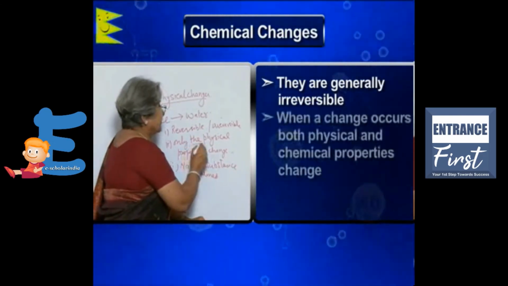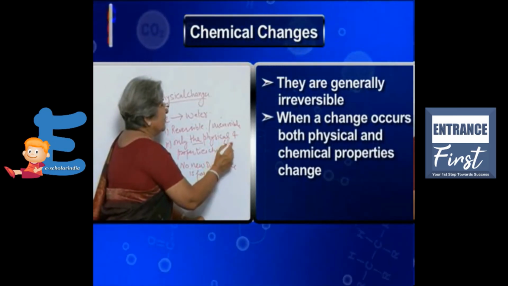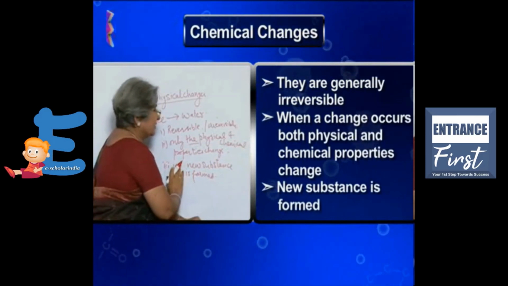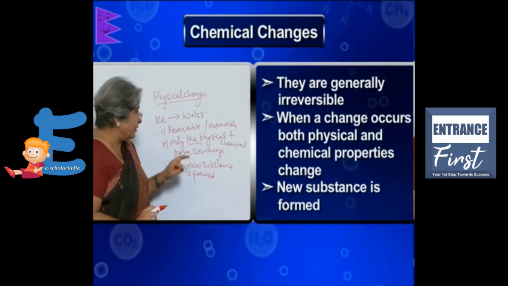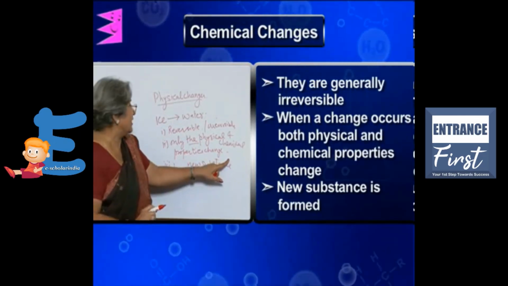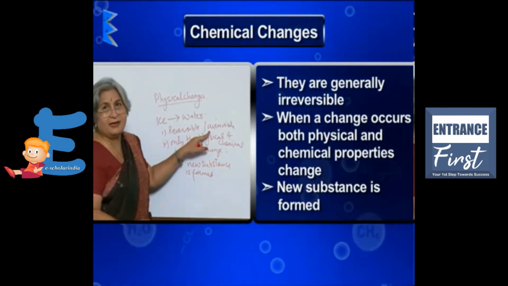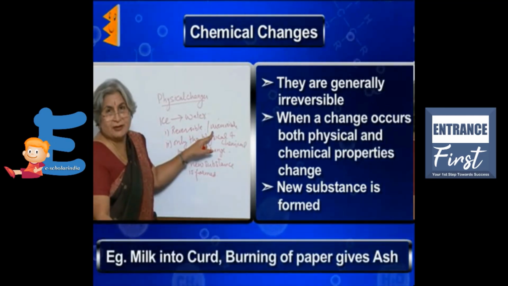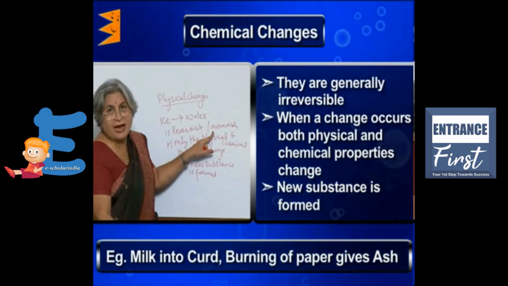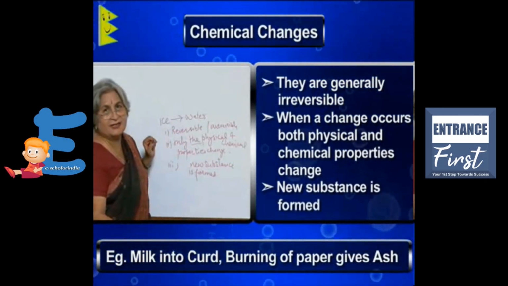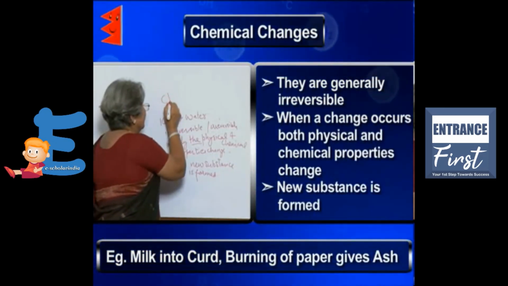So not only the physical but also chemical properties change, and a new substance is formed. So when a new substance is formed and both physical and chemical properties change and the change is irreversible, like milk changing to curd or paper changing to ash on burning, then it is not a physical change, it is a chemical change.